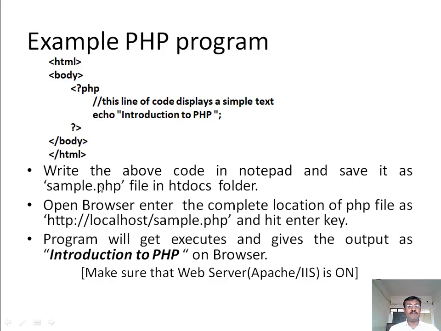But this is very important: we need to save this sample.php file in a folder called htdocs when you are using a XAMPP server. If you are using a XAMPP server, then you need to save all your PHP scripts in the htdocs folder, then only it will execute. That is the root of the server, that is your localhost. There you need to place all your scripts, then only they will execute.